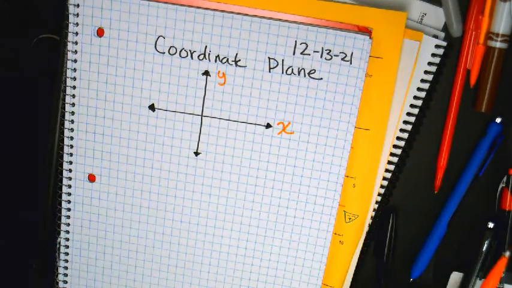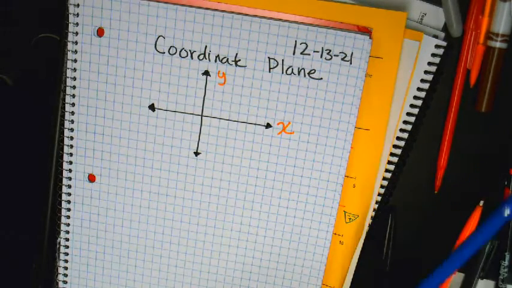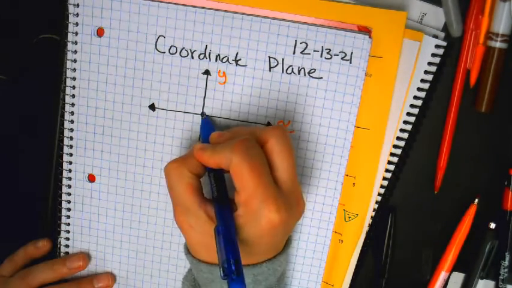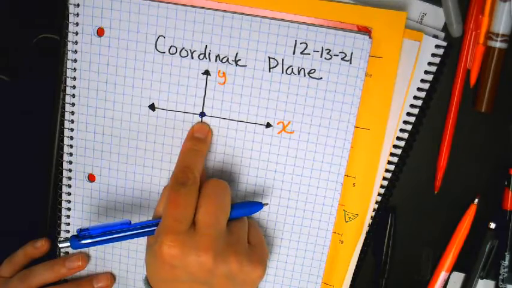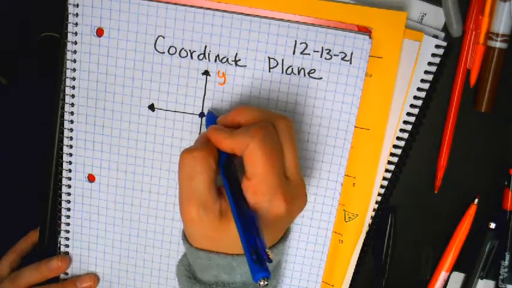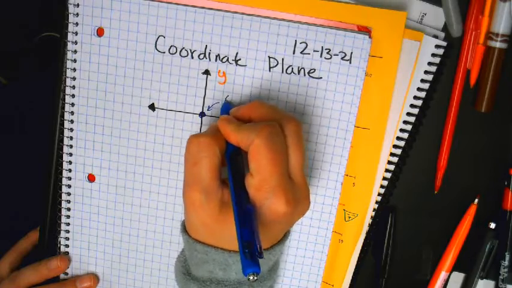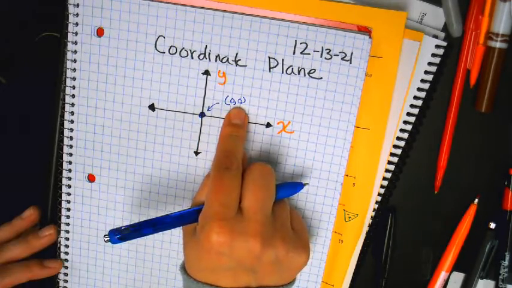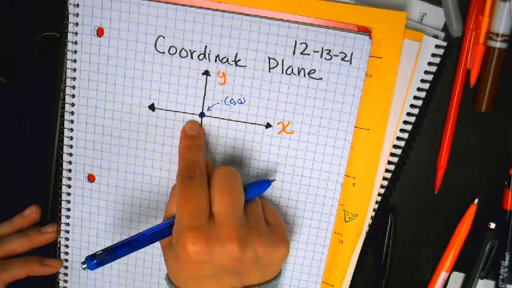Does anybody know what we call this middle dot right there, right in the middle, where the two intersect? It has a special name. The ordered pair would be 0, 0, right? That's the location, 0, 0. But it has a special name.